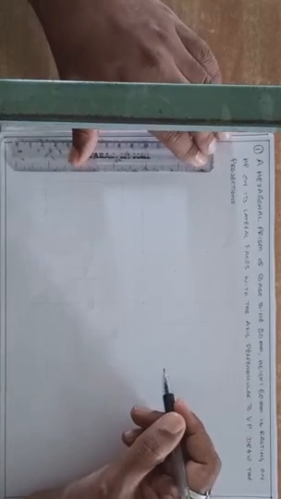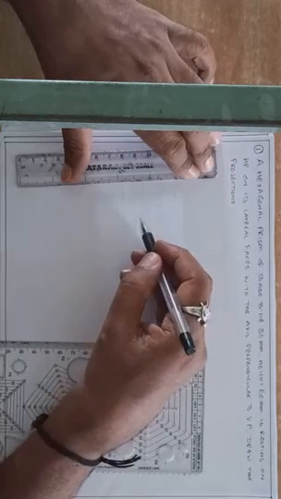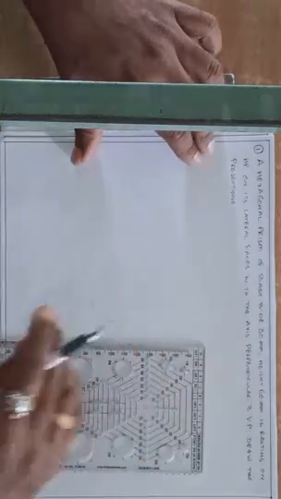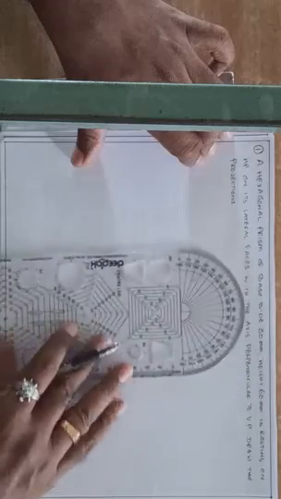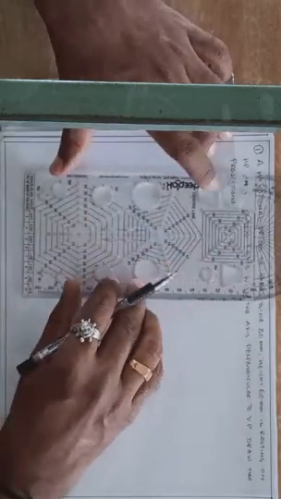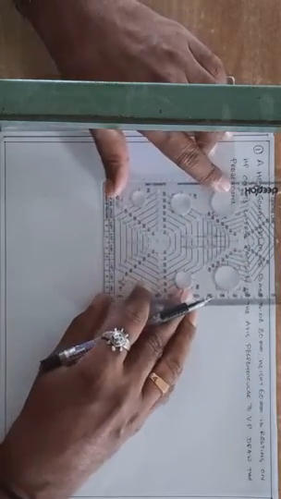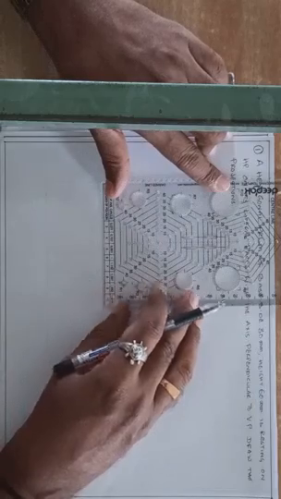There the object is a hexagonal prism, side is 30 mm, and lateral face on HP. That means automatically one side is on HP. Now first, using the template, draw the hexagon with 30 mm side.